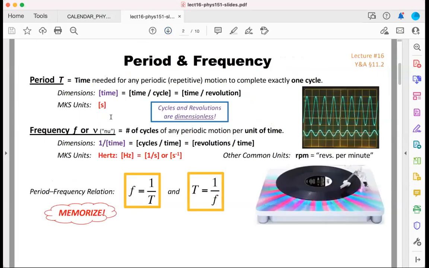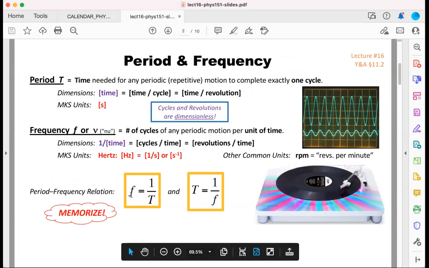So again, the dimensions: time per cycle or time per revolution. We have the frequency, whose unit is Hertz, 1/second. So the frequency is 1 over the period, and the period is 1 over the frequency.